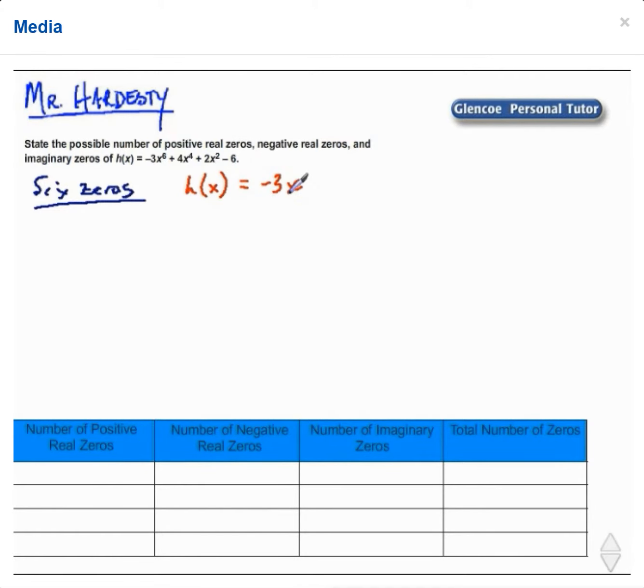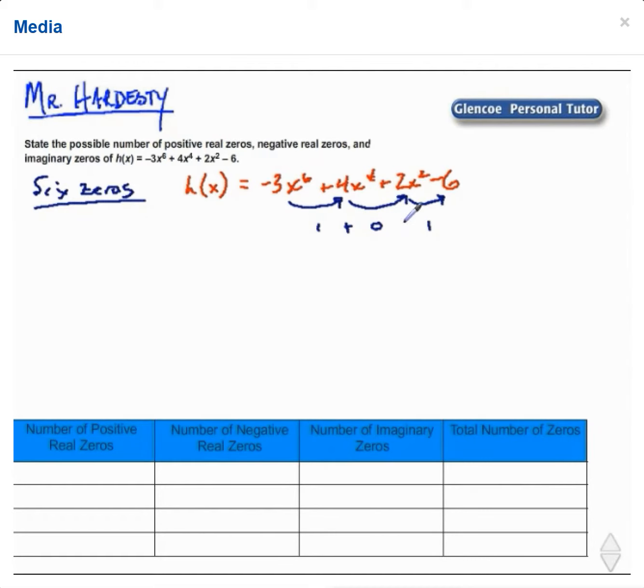So let's look at the sign changes for h of x. We'll start with the first term to the second term, and there is a sign change from negative to positive. So there's 1. From this term to 2x squared, there is no sign change. And finally, from 2x squared to negative 6, there is a sign change.